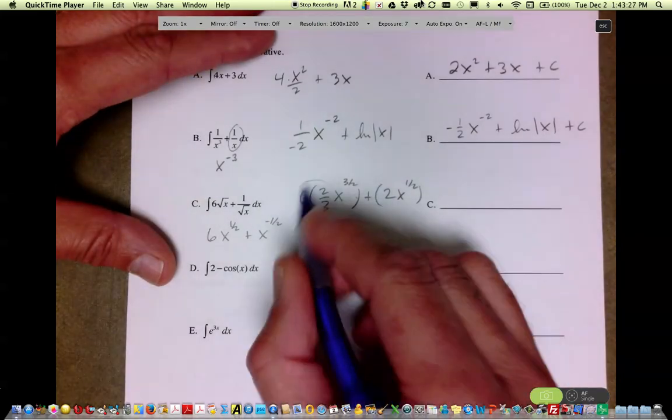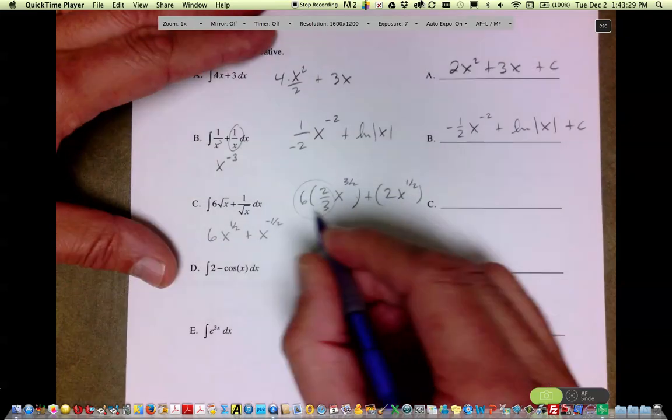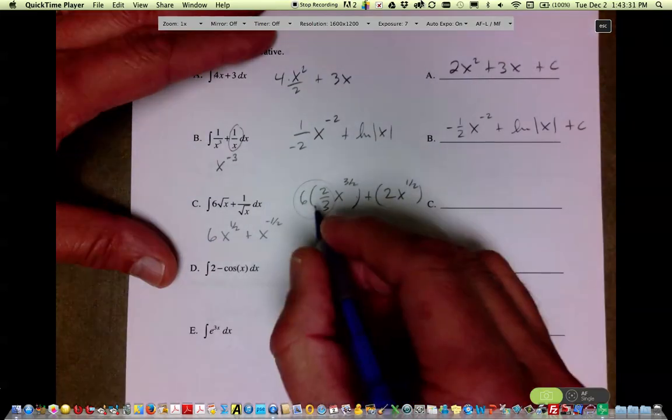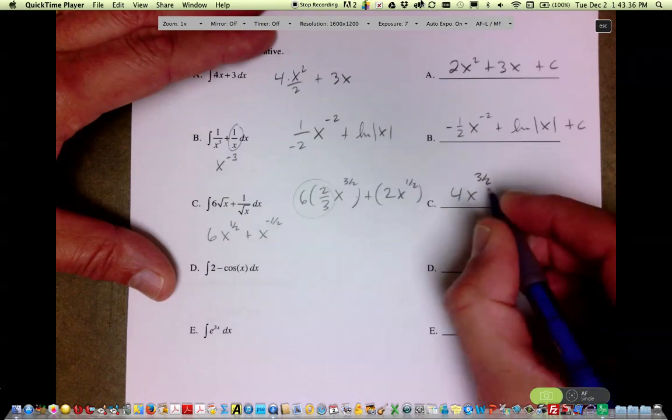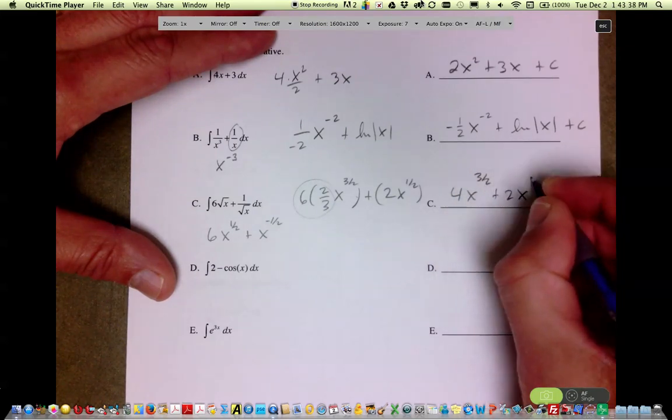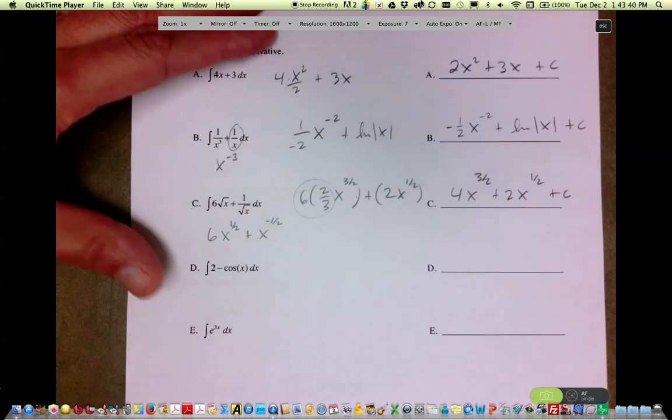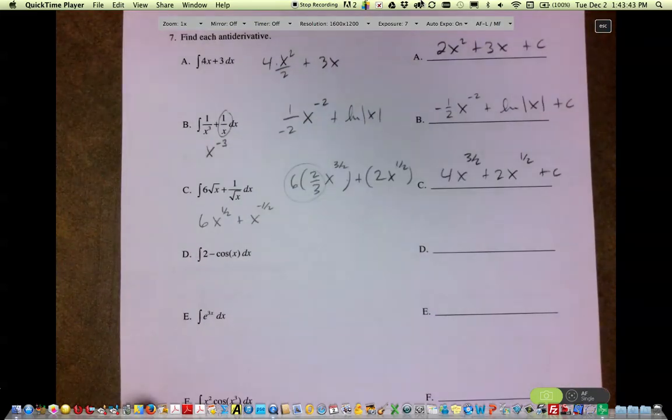Alright, so we're going to end up with the 6, and the 2/3 is going to reduce down to, what, 4, x to the 3/2 power plus 2x to the 1/2 power plus a constant. Alright, perfectly good to leave your answer like that.